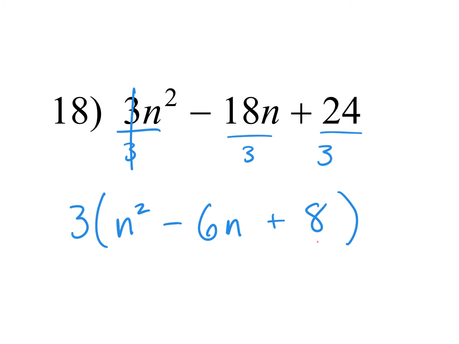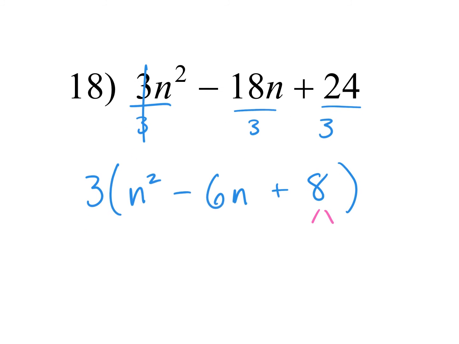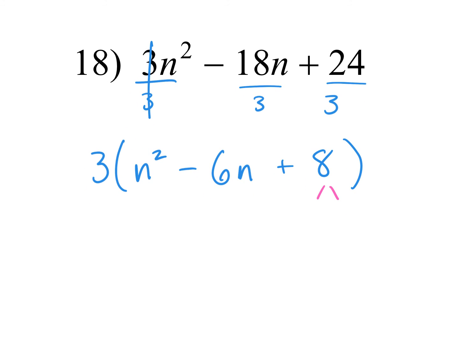So let's see if I can factor. Do I have 2 factors of 8 that add to negative 6? Negative 4 and negative 2. Awesome. So the 3 goes on the outside. And I have n minus 4 and n minus 2. Any questions?